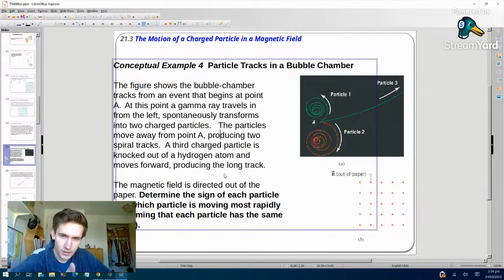Okay, so on particle 1, it's going out of the page, moving like that. So the force is upwards. So particle 1 moves upwards.